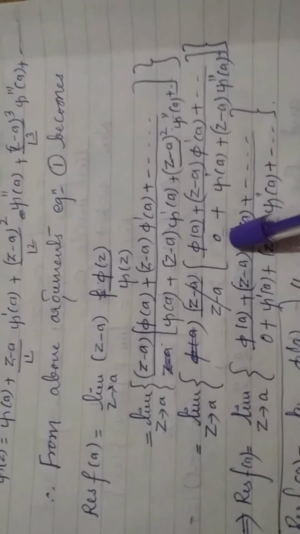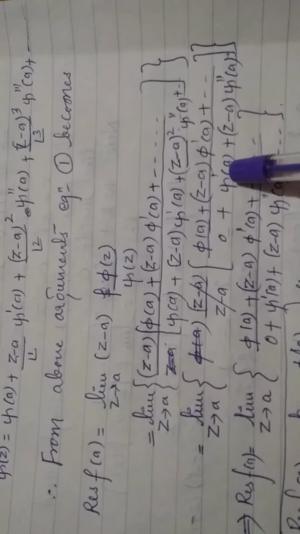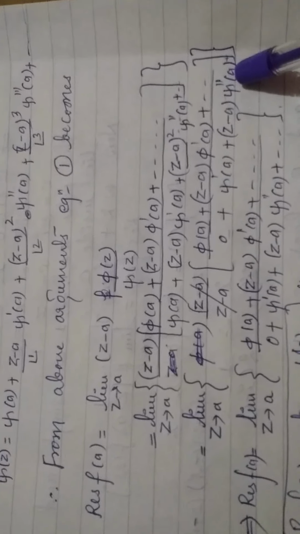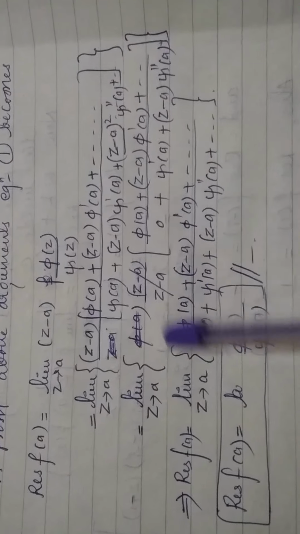Therefore we have taken 0. So if you take z minus a outside, what will we get? Psi dash of a plus z minus a into psi double dash of a, and so on. So z minus a and z minus a get cancelled, only this quantity remains, right?